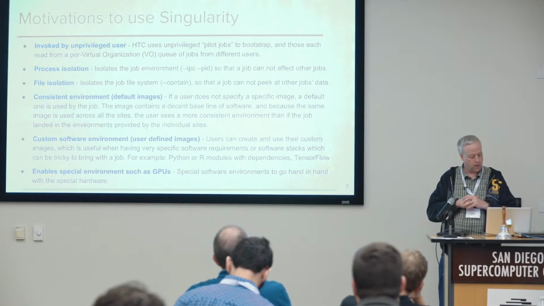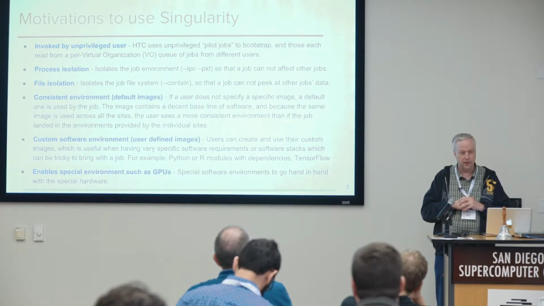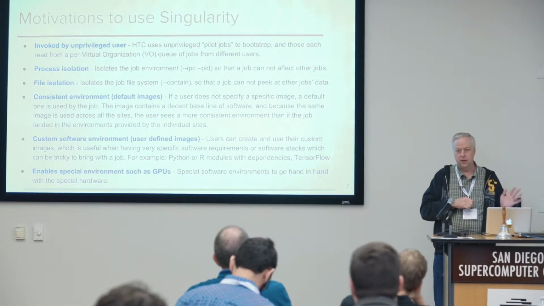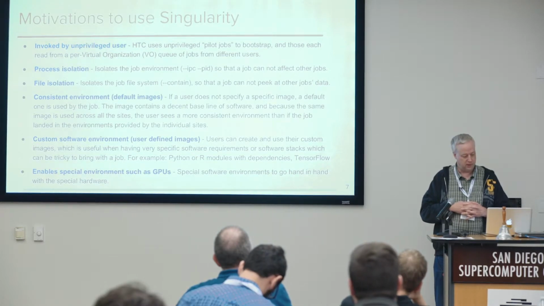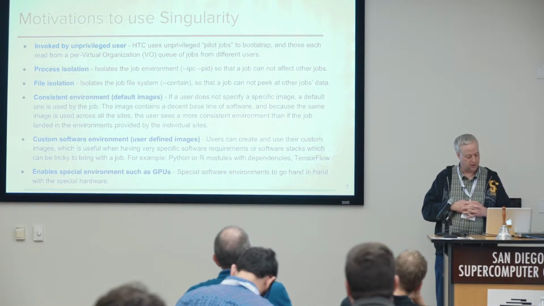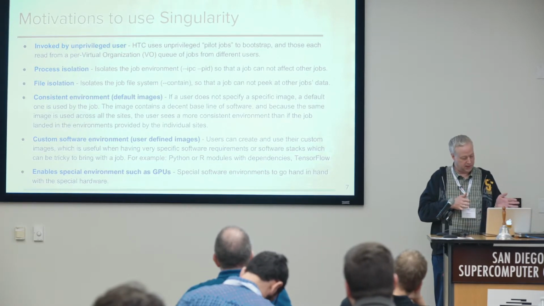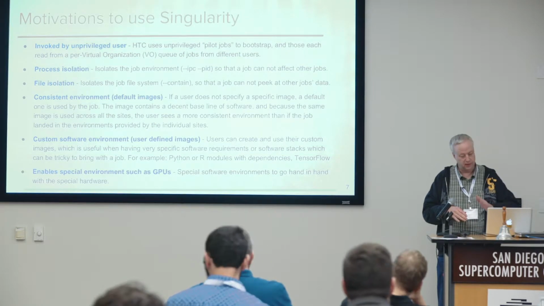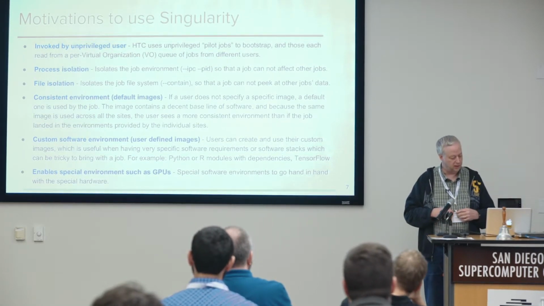Also, of course, having a consistent environment is very nice, so you don't have to worry about which operating system version people are on and what base operating system packages are available. That's very useful. The image contains a decent baseline of software, and especially with defaults, we get it the same on all the sites.